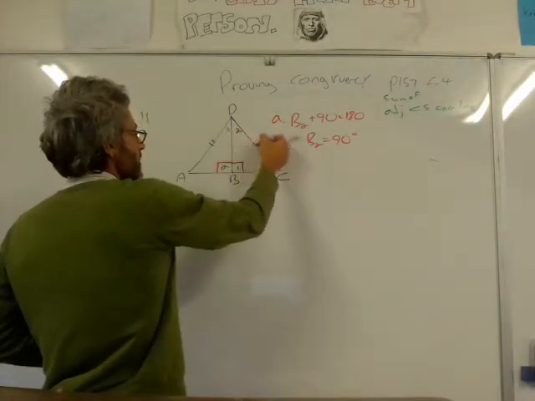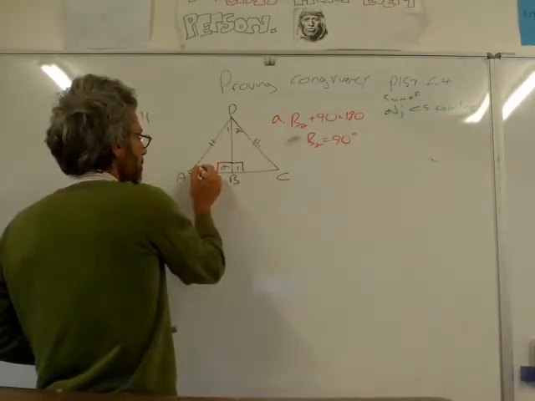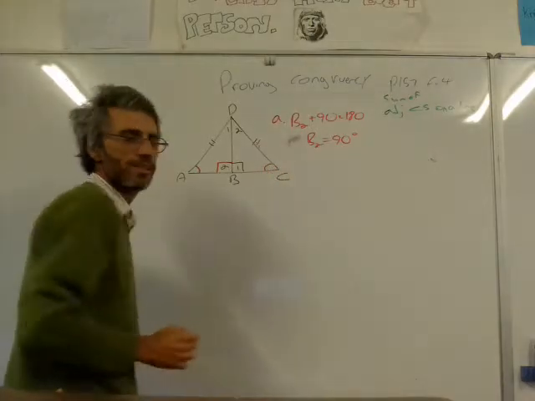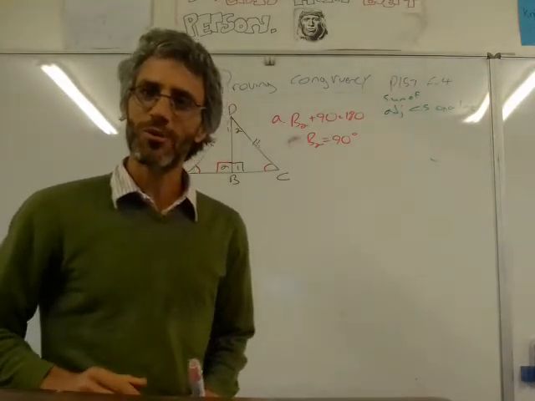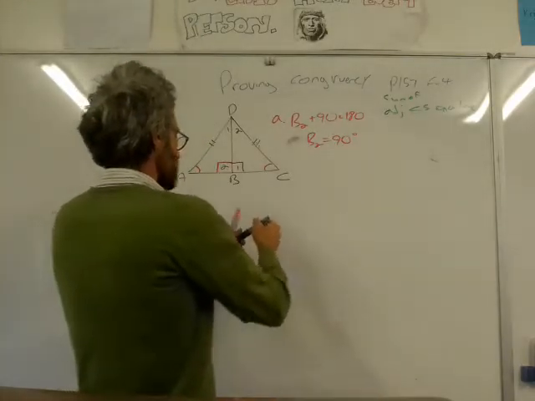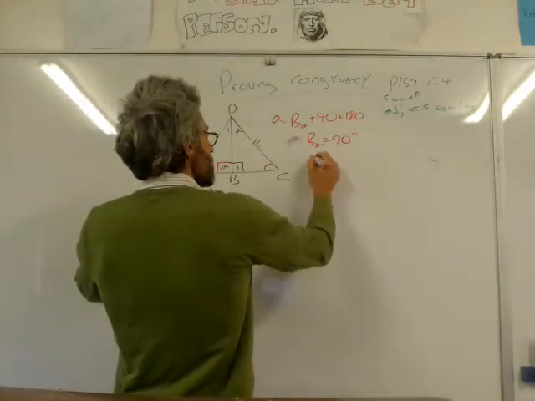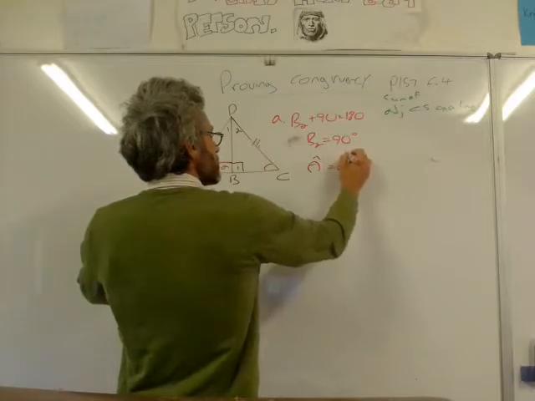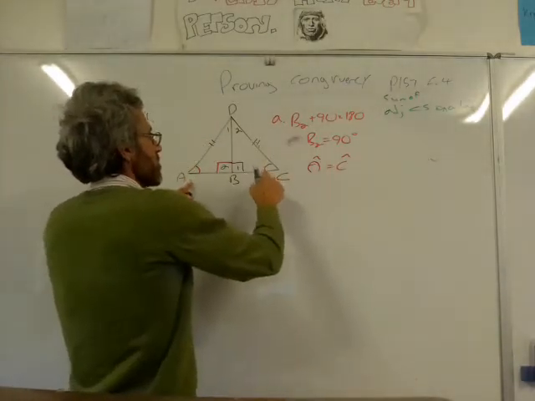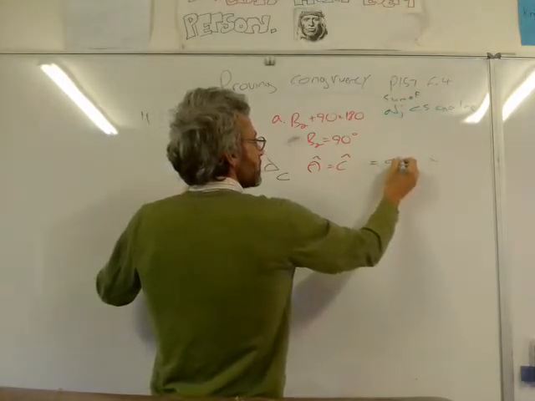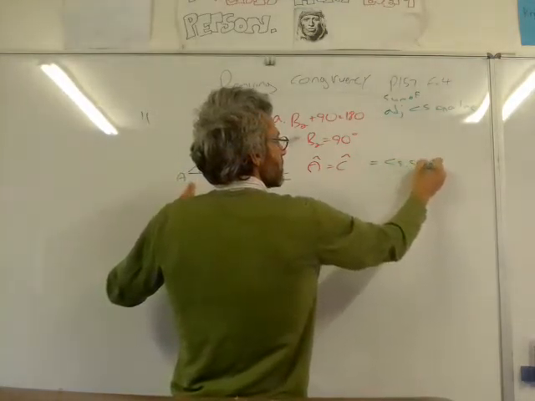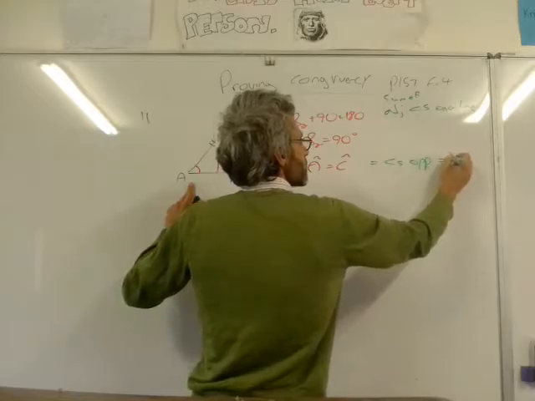If these two sides are equal, what does it tell you about these two angles? They also must be equal, aren't they? Angles opposite equal sides are equal. So what I can write down now, I can say angle A is equal to angle C, and the reason is equal angles opposite equal sides.